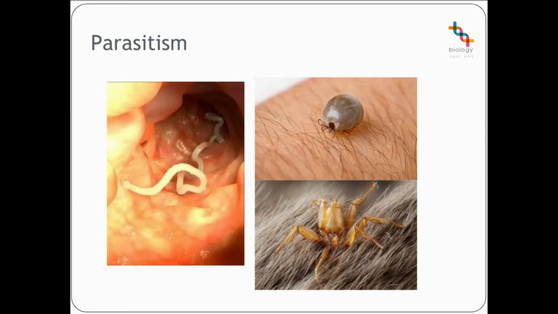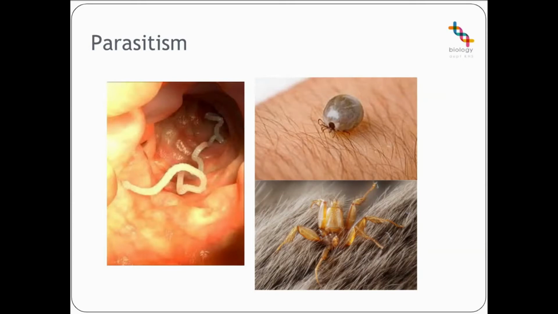Your host has already digested the food that is available to you, so you don't expend as much energy on using that. These types of parasite tend to be more limited physically, they're often blind, and they're not going to be able to survive if they are left outside of their organism.